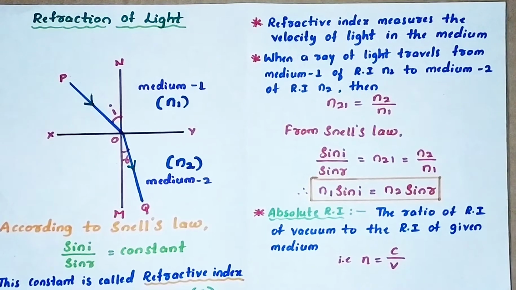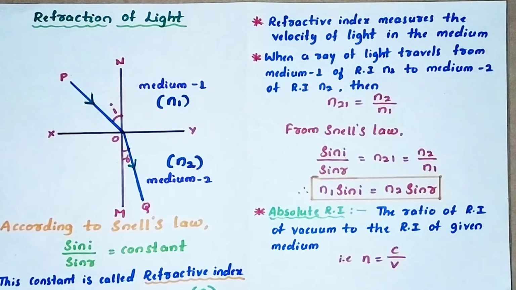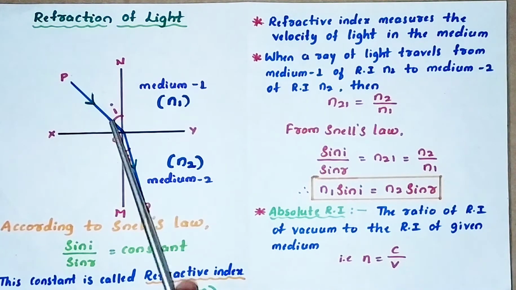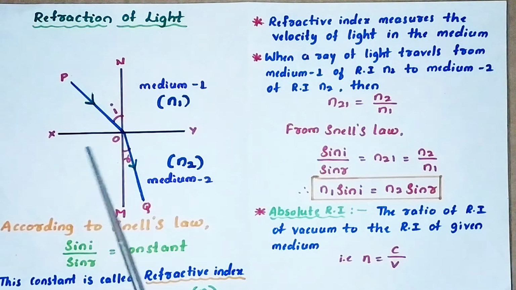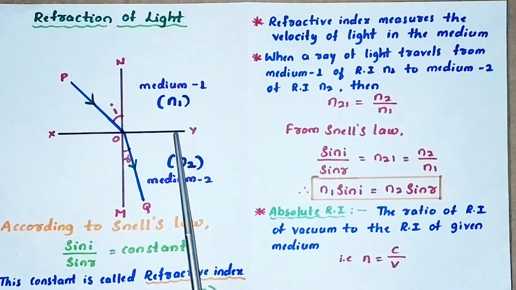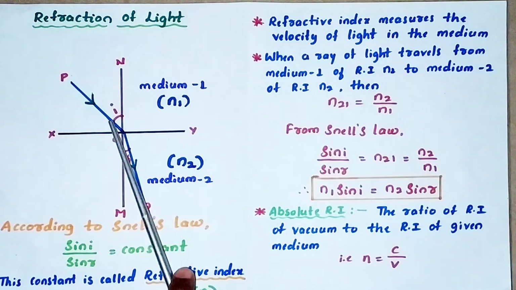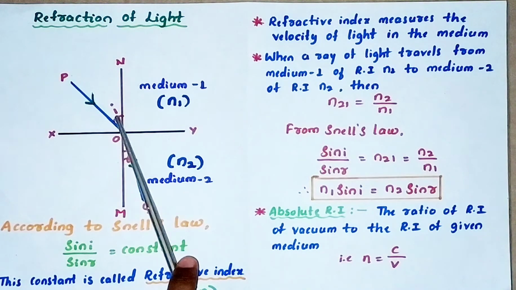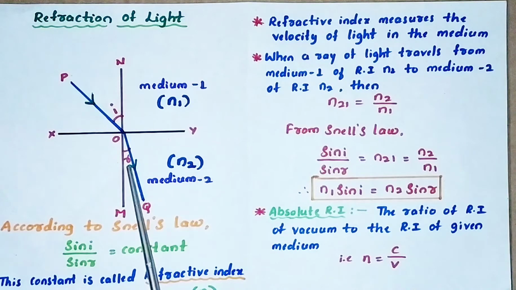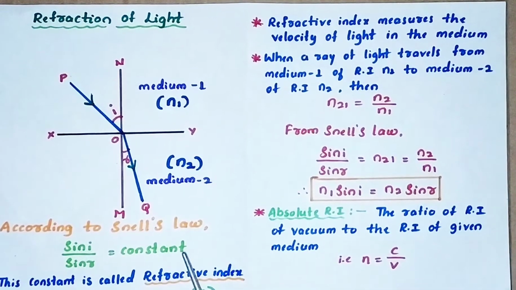So this is all about two laws of refraction of light. What is the first law of refraction? That is incident ray, refracted ray and normal at the point of incidence lie on the same plane. That is first law. Then what is the second law? It is the ratio of sine of angle of incidence to the sine of angle of refraction remains constant.